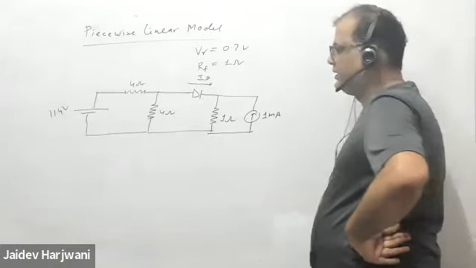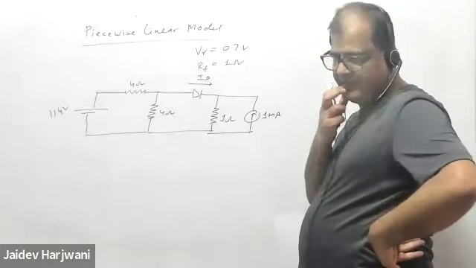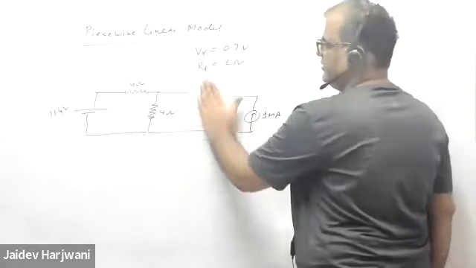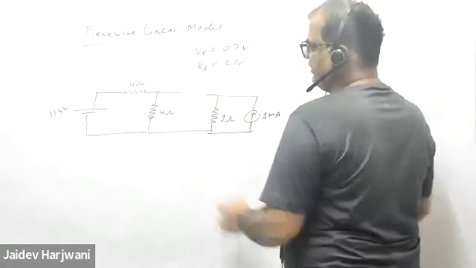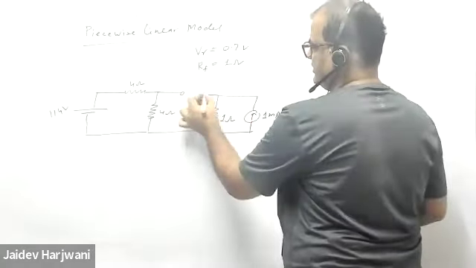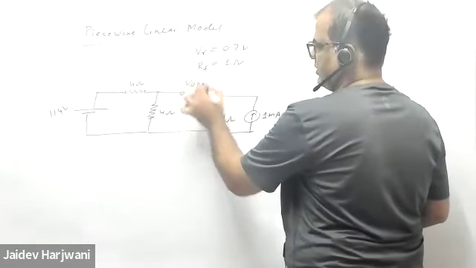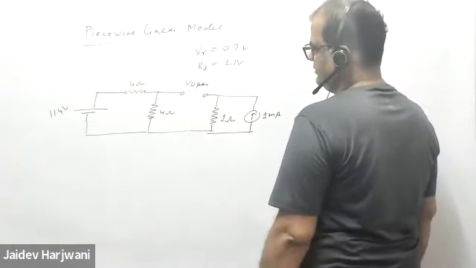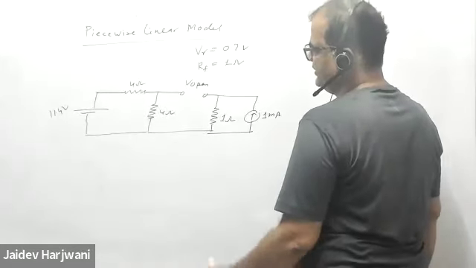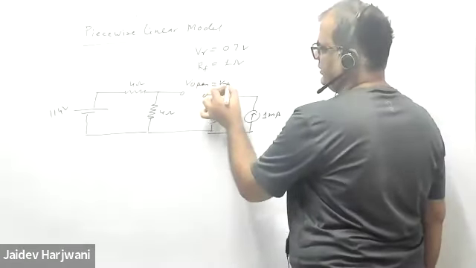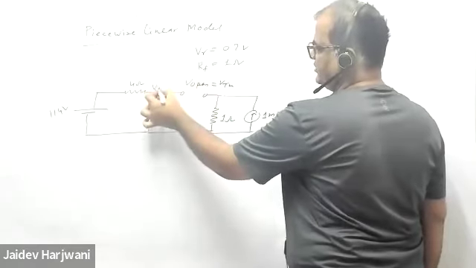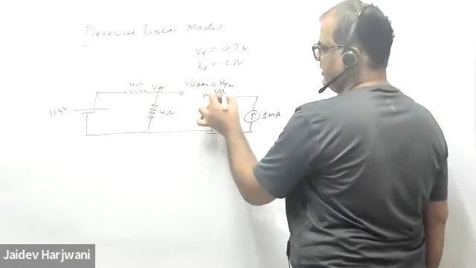Again make it open here and find the VThevenin, the open circuit voltage here. So V open will be your VThevenin. Say this is point A, say this is VA, and this point is VB.